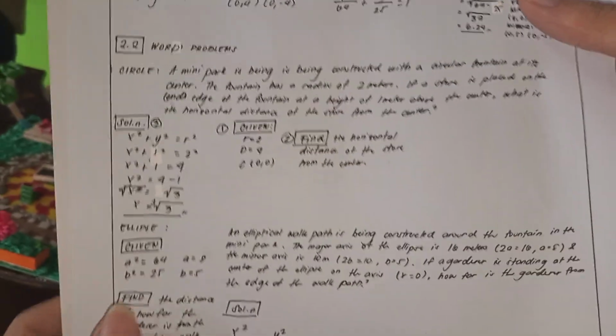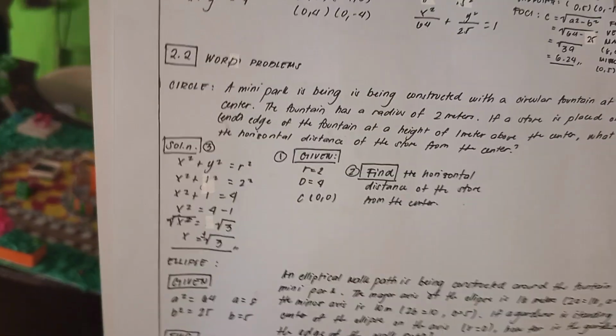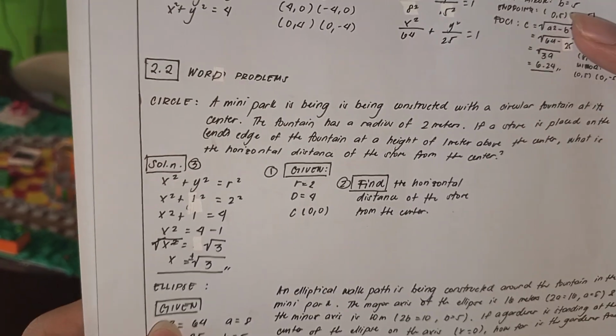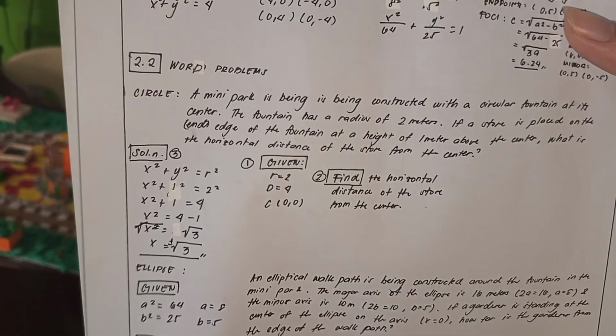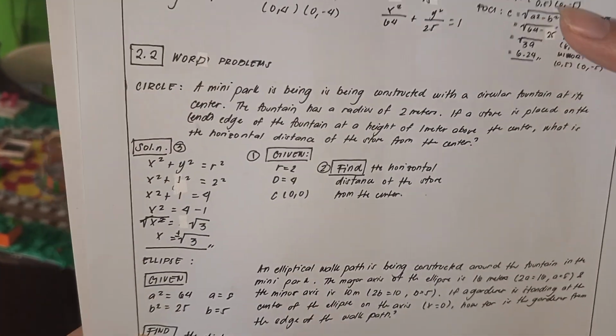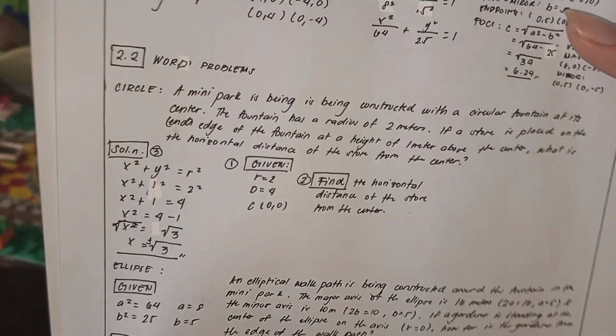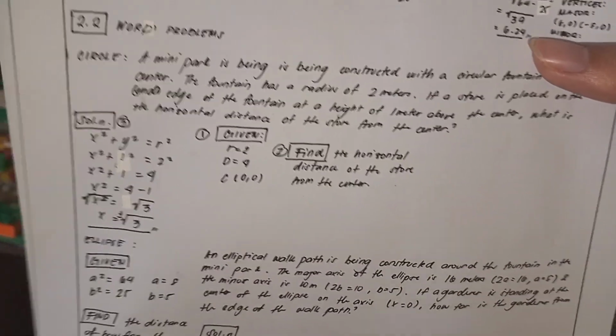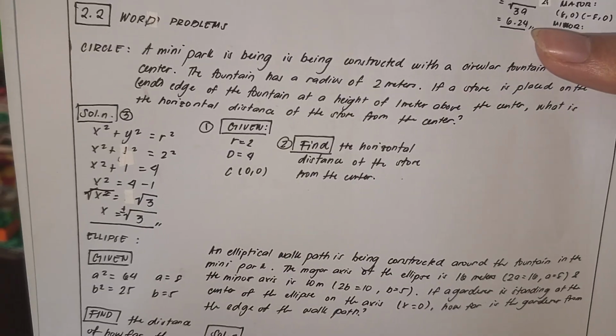To solve this problem, we just have to use the standard equation of the circle. We have the given r equals 2, and the center is equal to 0, 0. We find the horizontal distance of the store from the center.